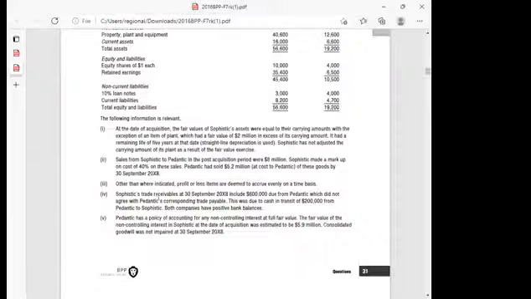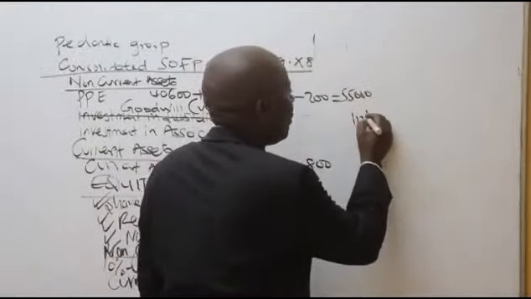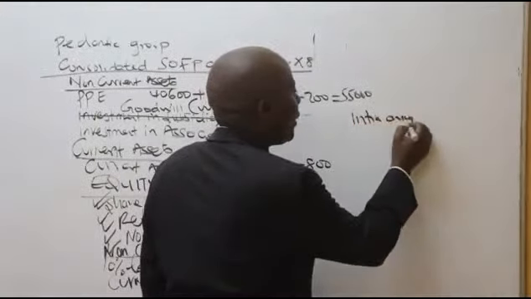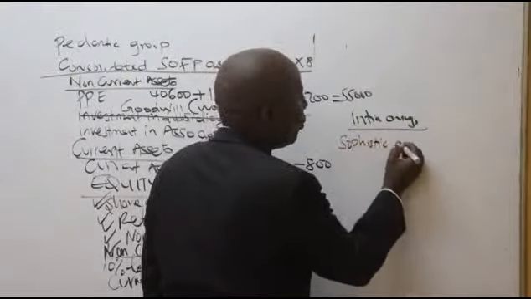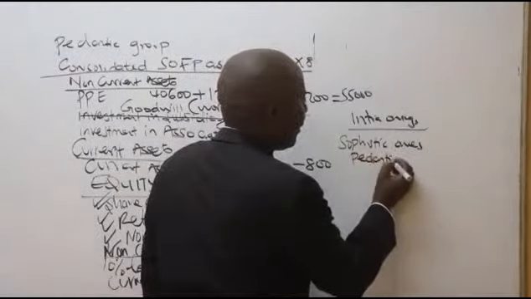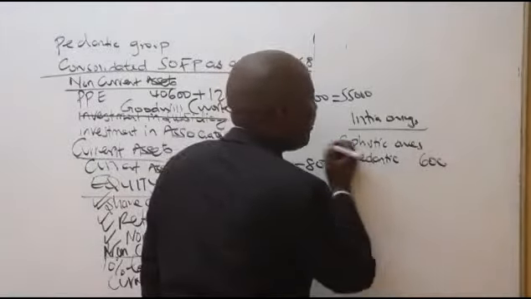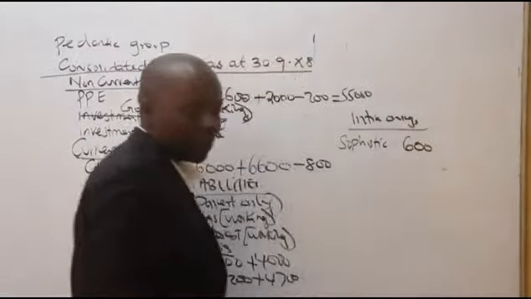Tunaambiwa sophistic trade receivables, so we have here sophistic, pedantic owes 600,000. Just mention there sophistic 600. You have to chop the 3 zeros.